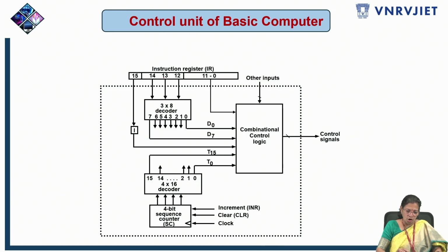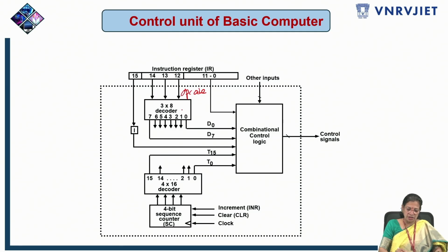The opcode part is given to a 3 to 8 decoder. It will be decoded into 8 different signals, D0 to D7. The first 7 are meant for the memory reference instructions, and the 7th one is for the register reference or input output instructions.